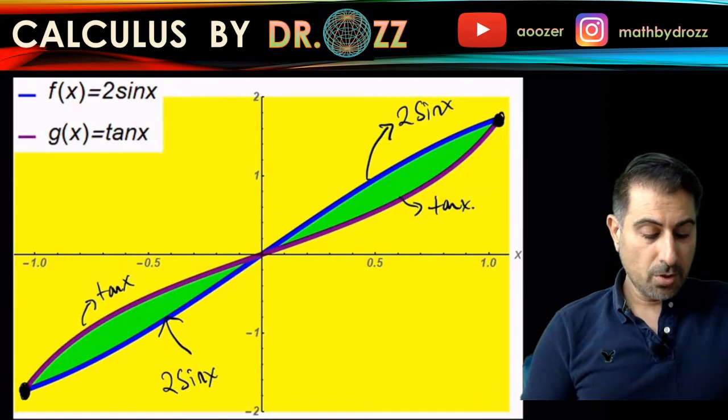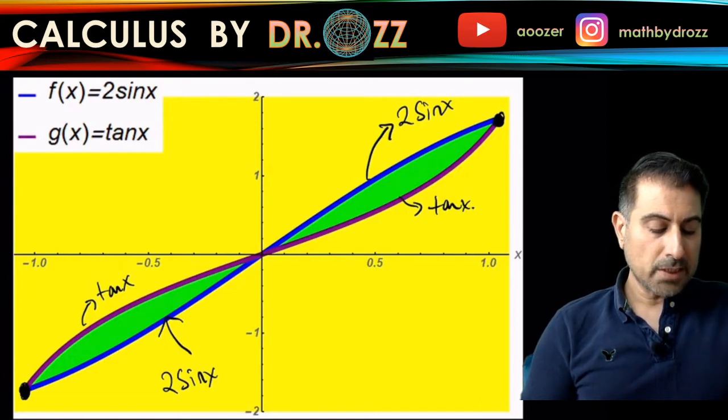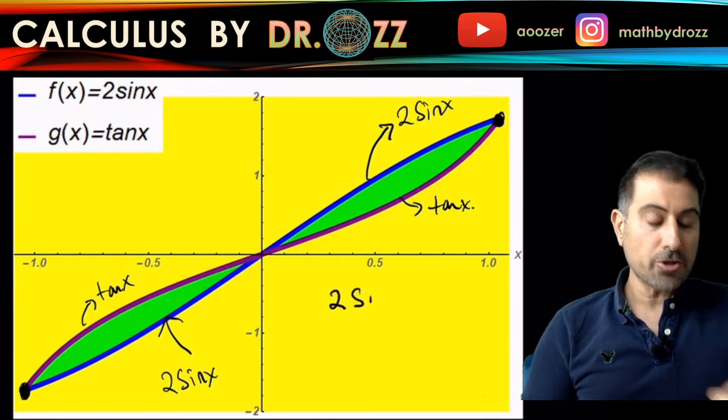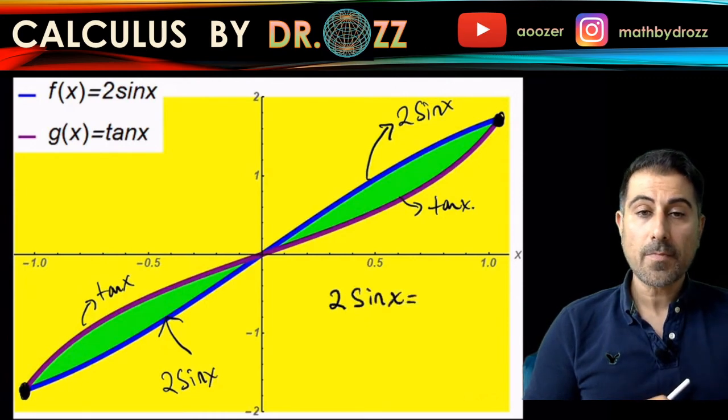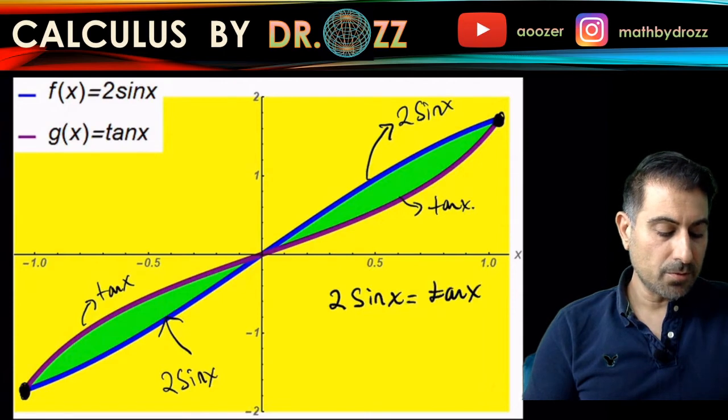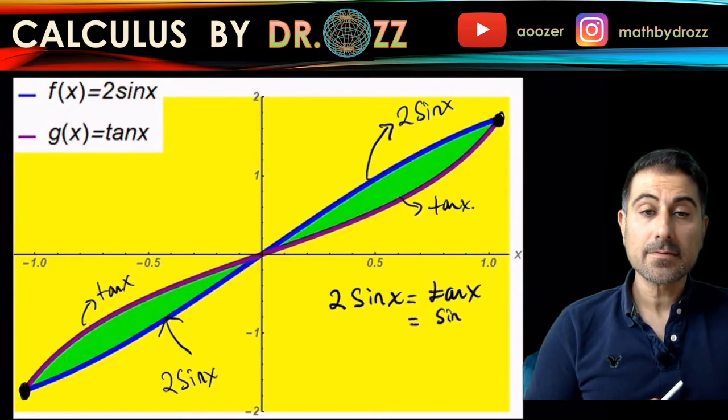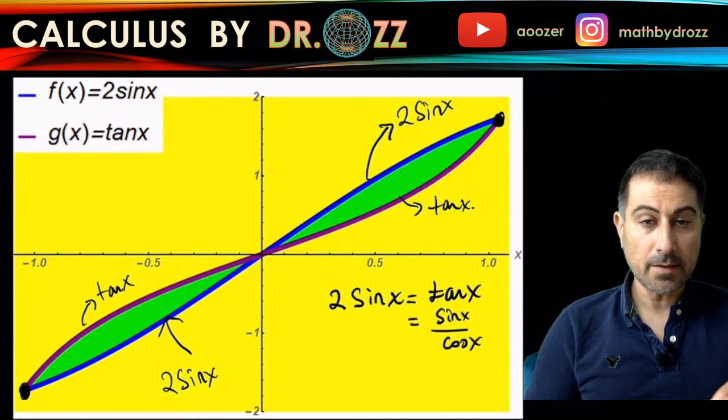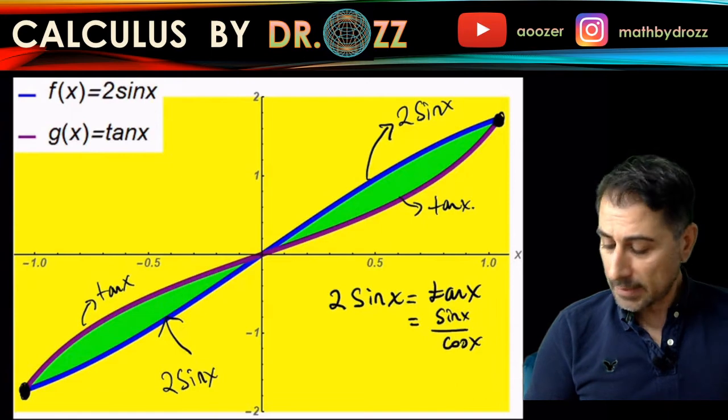So you go ahead and solve 2 sine x equals tangent x. Okay. And this is equal to sine x over cosine x. Okay, so we write tan as sine over cosine. Here we go.